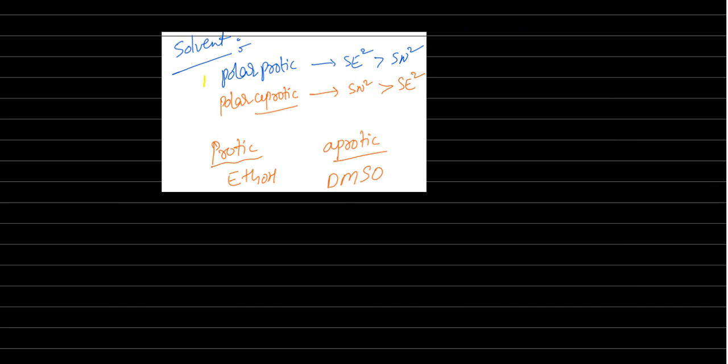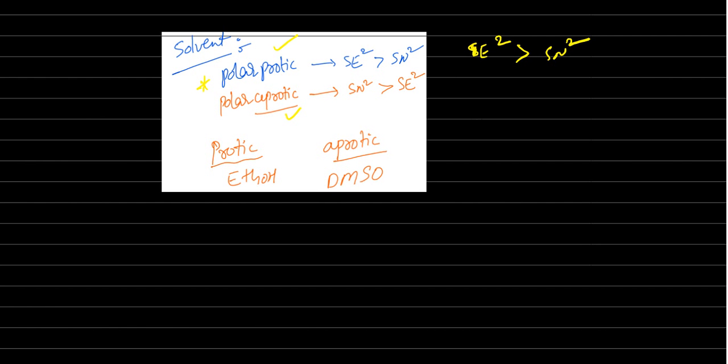If a polar solvent is there, it may be of two types, polar protic and polar aprotic. If polar protic is there, E2 has higher preference than SN2. E2 is the elimination reaction.